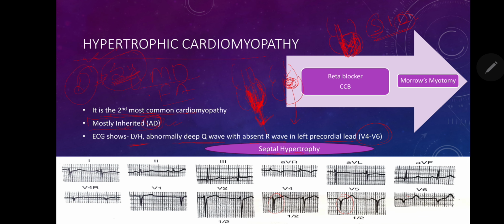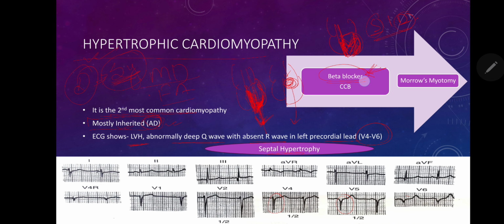Now the treatment. The treatment is the beta blocker. The beta blocker is the first line drug of choice. Why is the beta blocker the first line drug of choice? Because the beta blocker decreases the cardiac muscle contractility, there is a relaxation of the cardiac muscles, so that may increase the diastolic time also, and also increases the heart compliance.